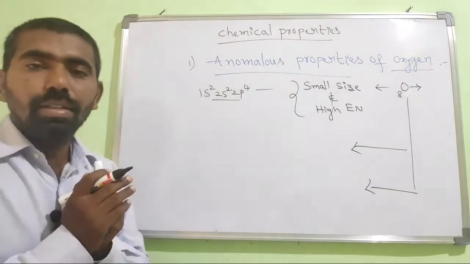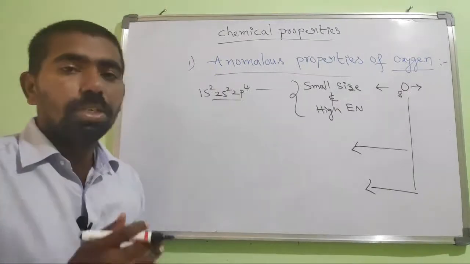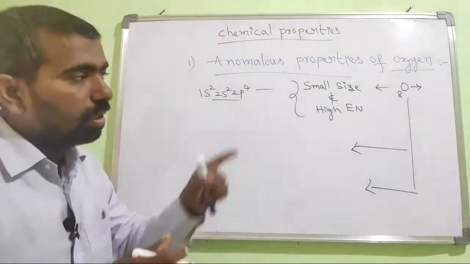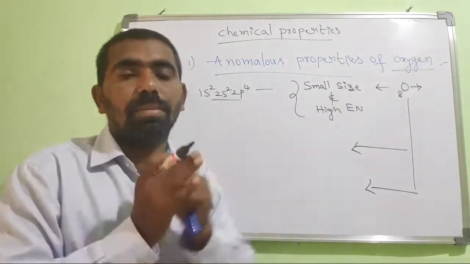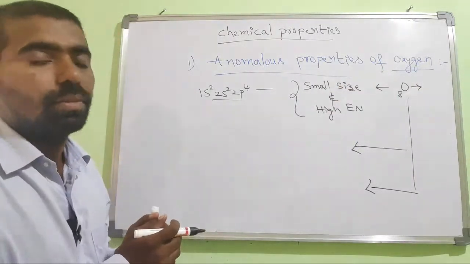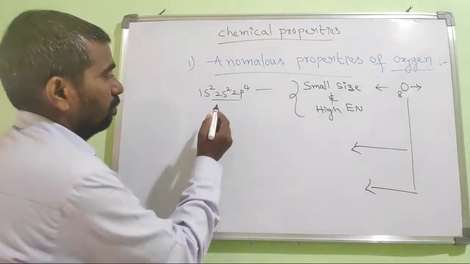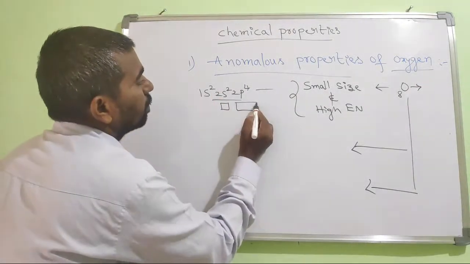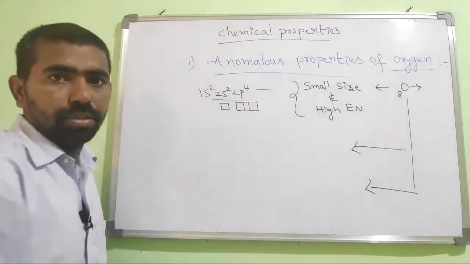This element doesn't contain any d orbitals. Only 2s and 2p orbitals are there in the outer shell of this element. Observe here, 2s is 1 orbital, and for 2p there are 3 orbitals.